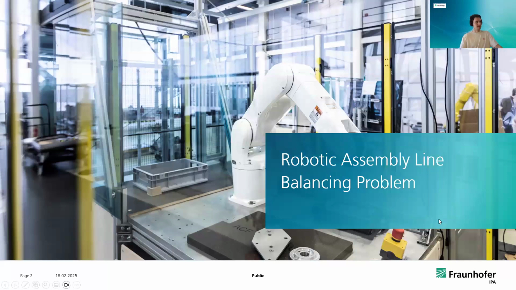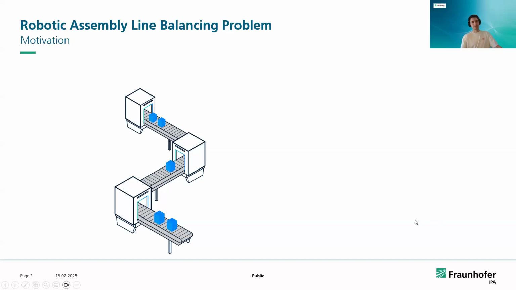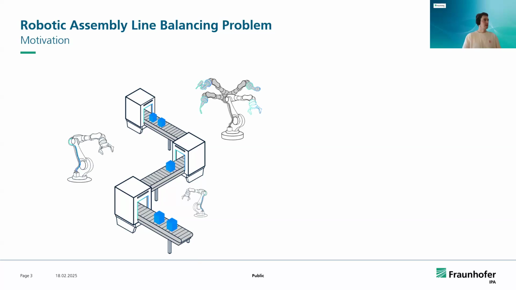Let me motivate. What's the robotic assembly line balancing problem? Say you want to produce something in an industrial setting, you'll need some sort of an assembly line. There's certain steps that need to be taken to produce this good, and you'll have access to some machines.